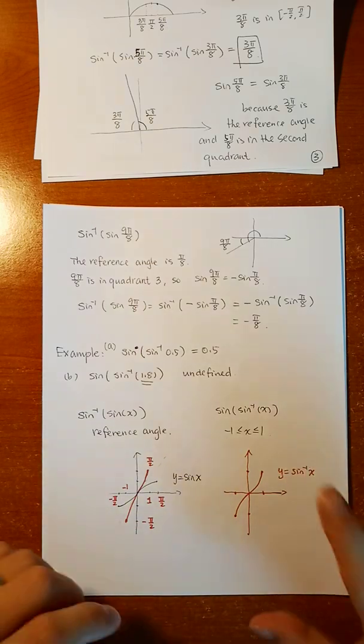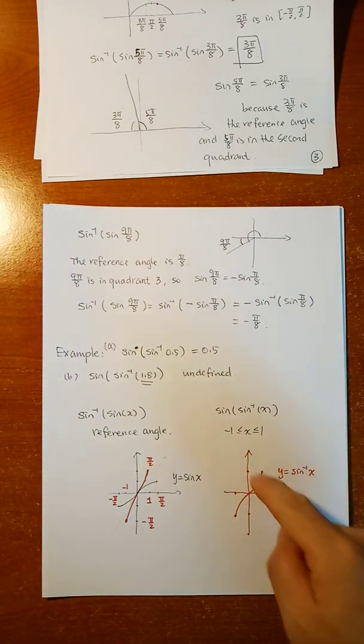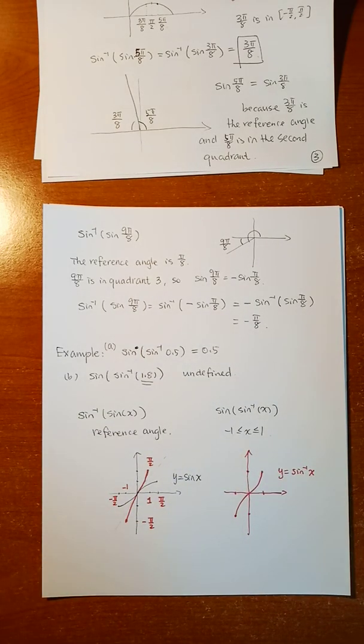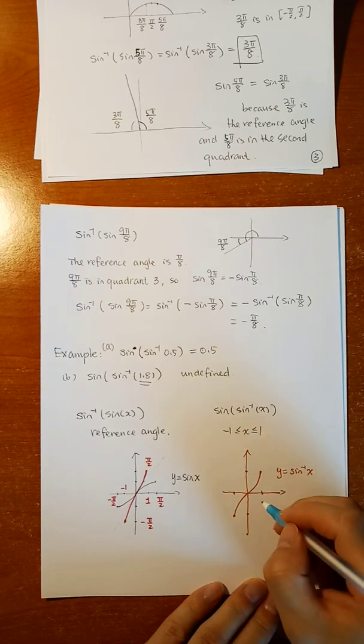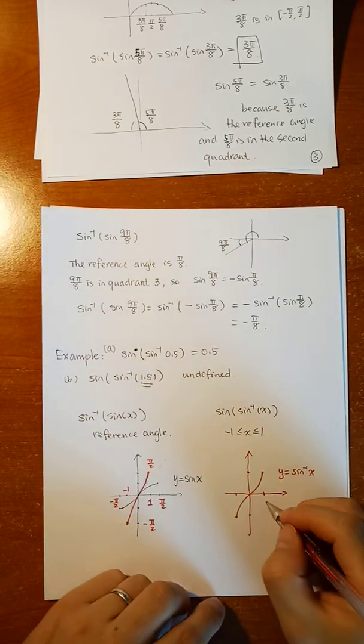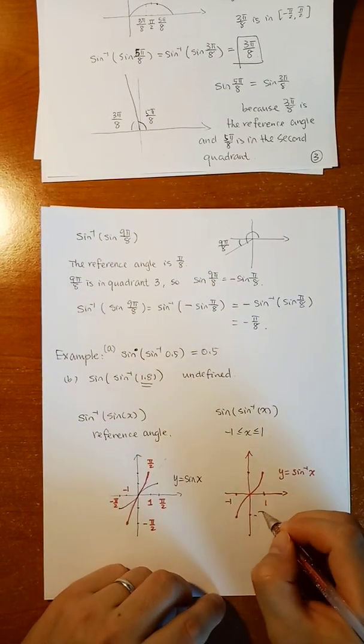But when you flip it, exchanging x and y, the graph will be a little bit vertical. So this is the graph of inverse sine, and in the graph you can also clearly see the domain and the range.